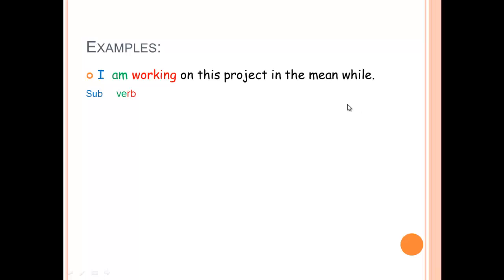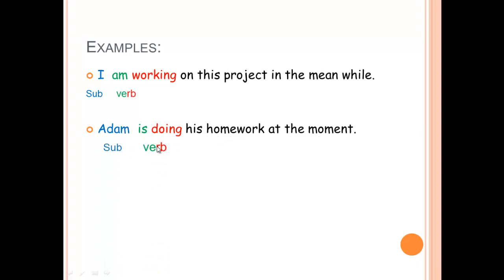Okay, if the subject was singular, like Adam is doing his homework at the moment, here we go, Adam is the subject again, is doing is the verb, and his homework is the object. At the moment is the expression that shows when the action is happening. It tells me that it's in the present continuous.